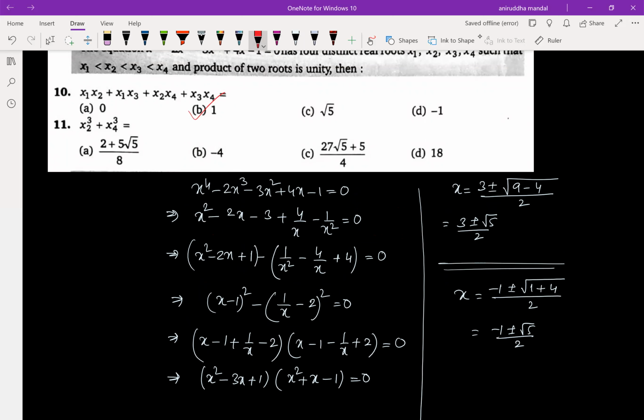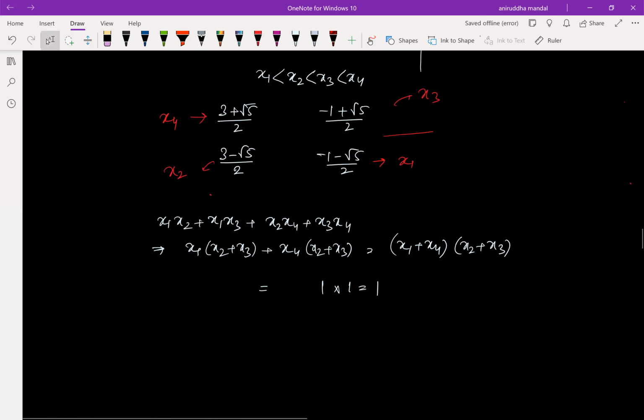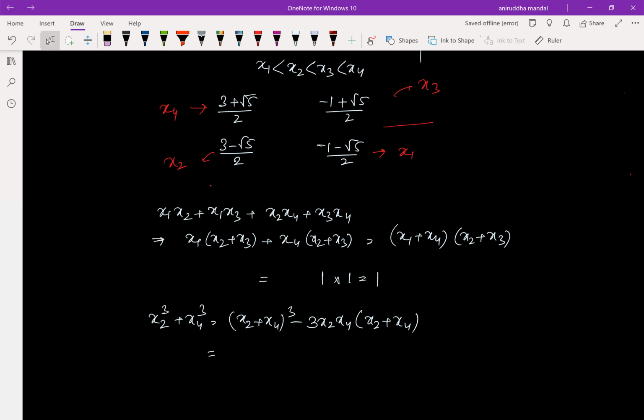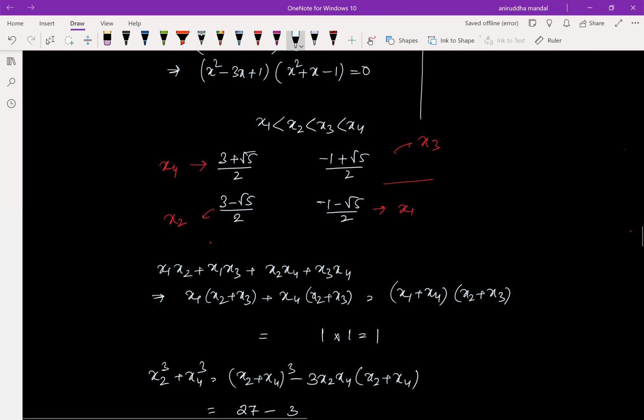Next is x2 cube plus x4 cube. So x2 cube plus x4 cube is x2 plus x4 whole cube minus 3 x2 x4 times x2 plus x4. Okay, so x2 and x4 are the conjugates, which means this root 5 will get cancelled. So 3 cube means 27 minus 3. This product is c by a.